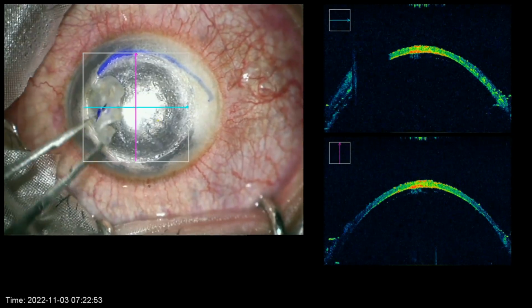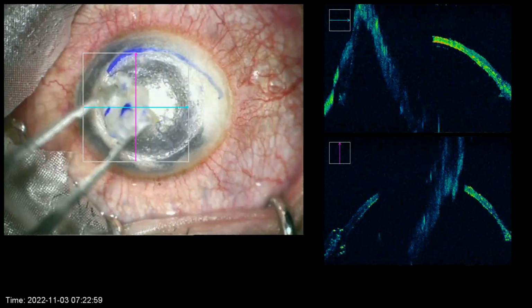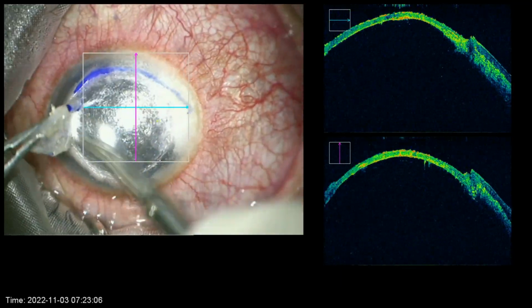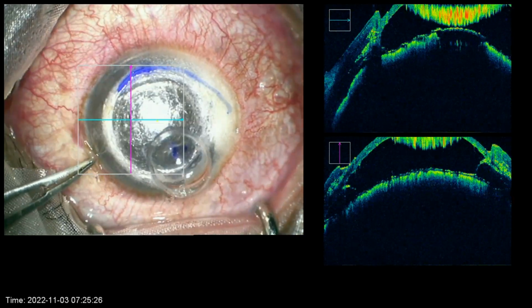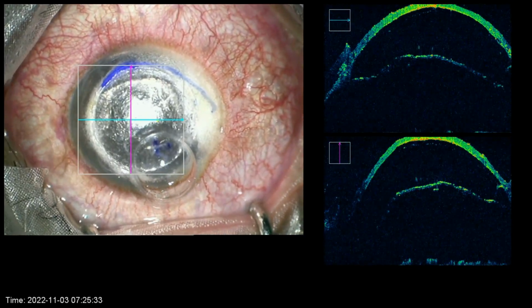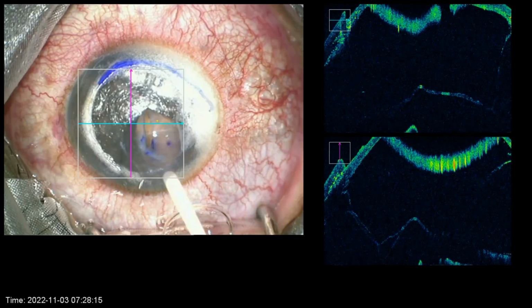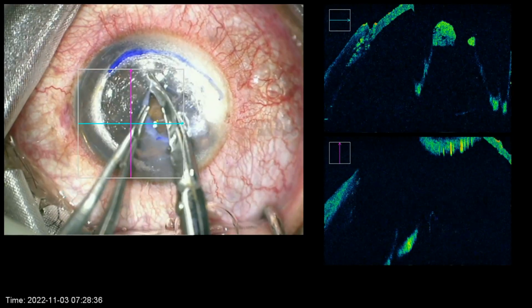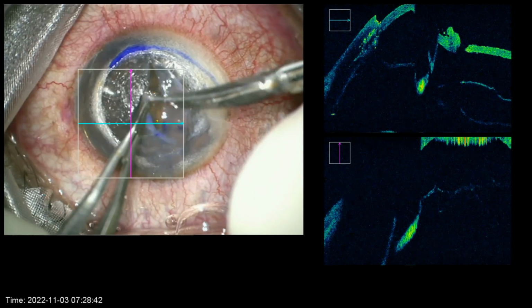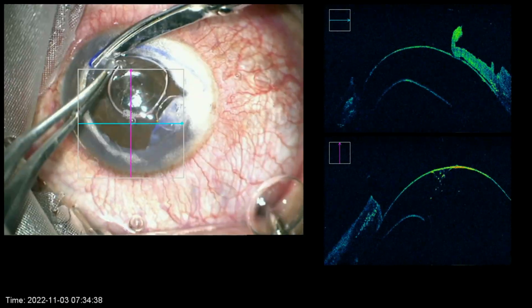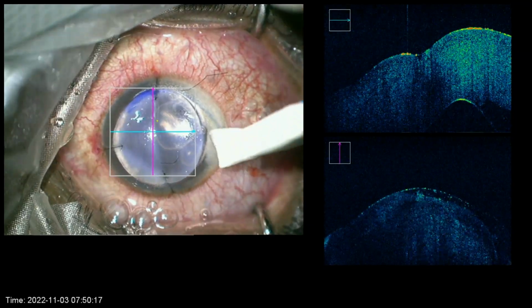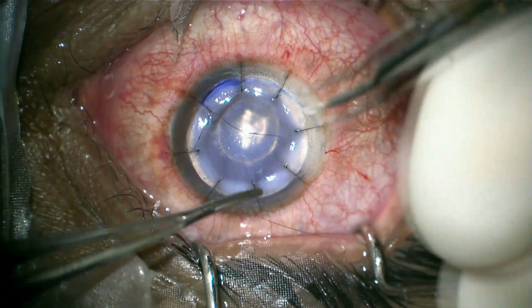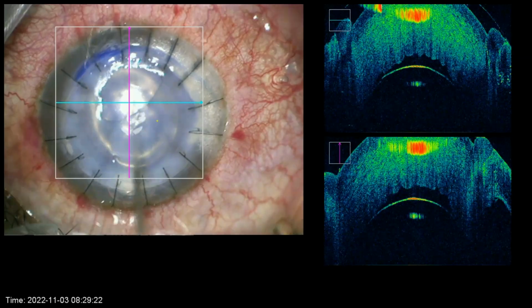Lamellar dissection was done to debulk the cornea, and a nick was made in the stroma to allow escape of the big bubble, followed by removal of the stromal layers to expose the host Descemet's membrane. The donor button was sutured on the host Descemet's membrane with 10-0 interrupted monofilament sutures. Surgery was completed uneventfully and there was no intraoperative perforation.